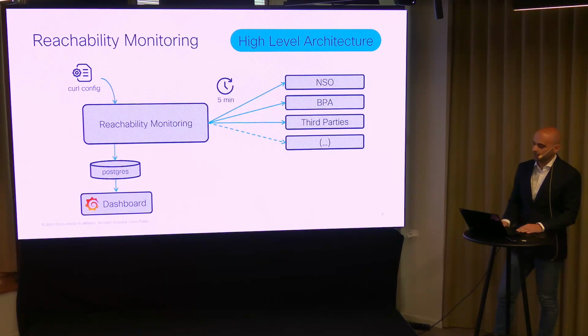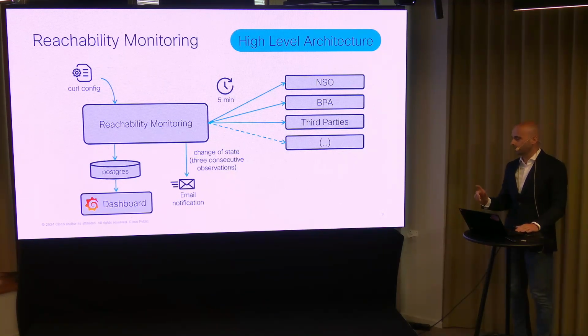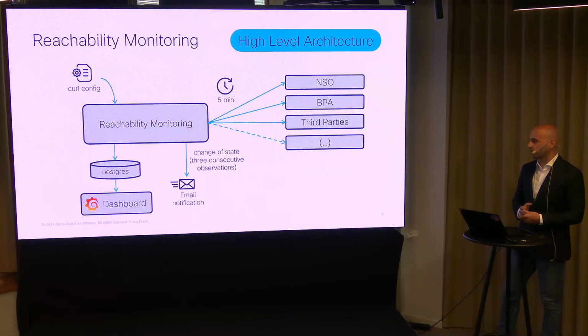The result is stored in our Postgres database, and we have some dashboards to show that over time. Additionally, we also have a type of event-driven notification where we detect when a system or a service has become reachable from unreachable, or the opposite, and we notify a distribution list.